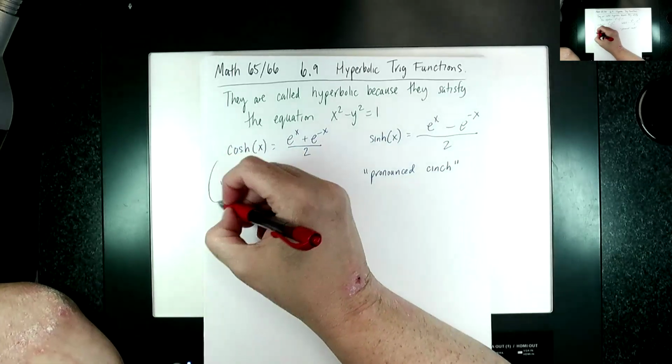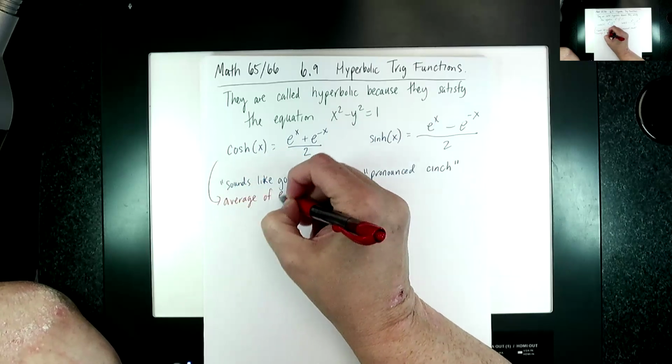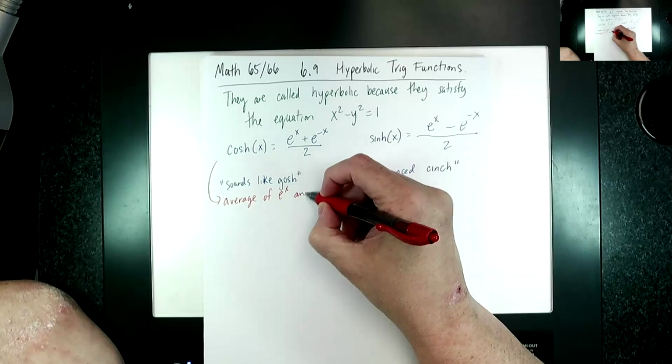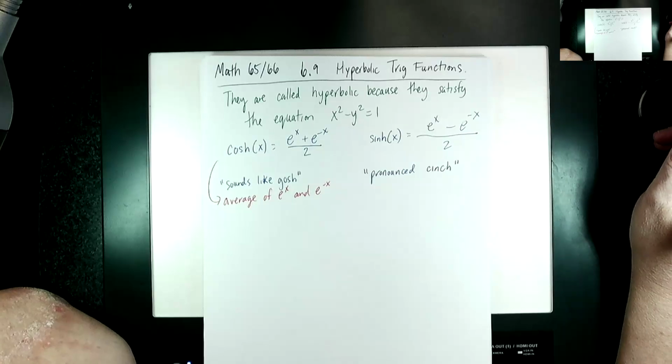This one's like the average of e to the x and e to the negative x. I don't have any grand insight for you on hyperbolic sine.